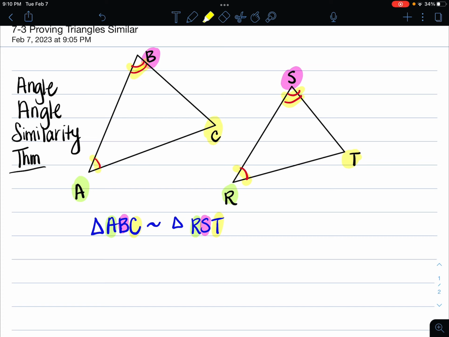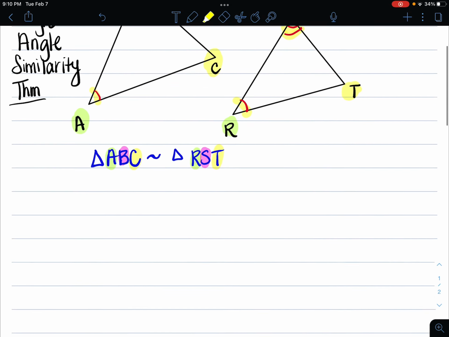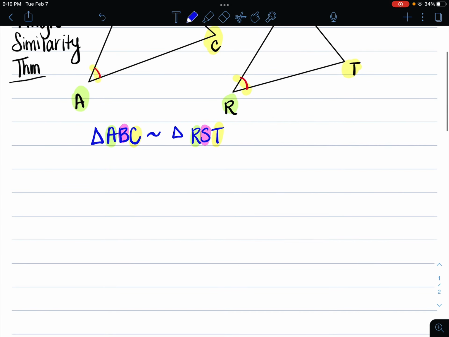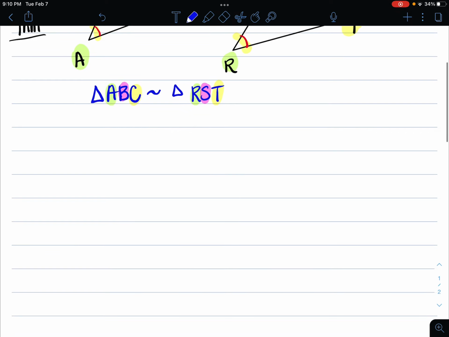The second theorem is actually a lot like a theorem that we did with congruence, but this one obviously is, again, we're not doing congruence, so it's a different theorem. So this one is a side.